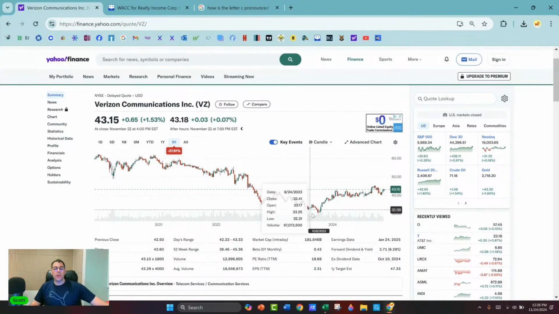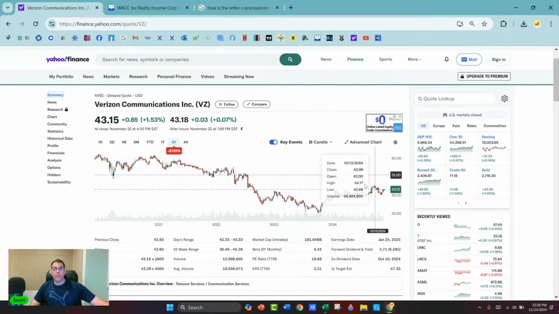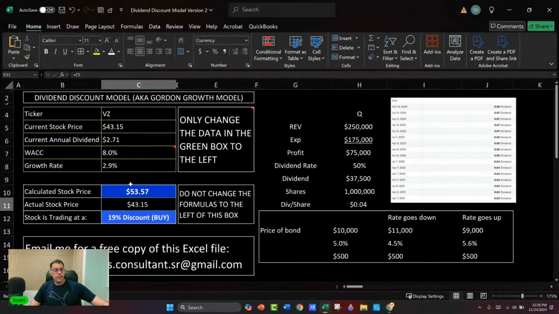It can't trade at these low levels forever because they pay a dividend, and just the dividend alone makes the stock worth $54. You have to build in some risk, of course, because what if they don't pay? What if they remove the dividend? What if they lower the dividend? It's probably not going to happen with Verizon.